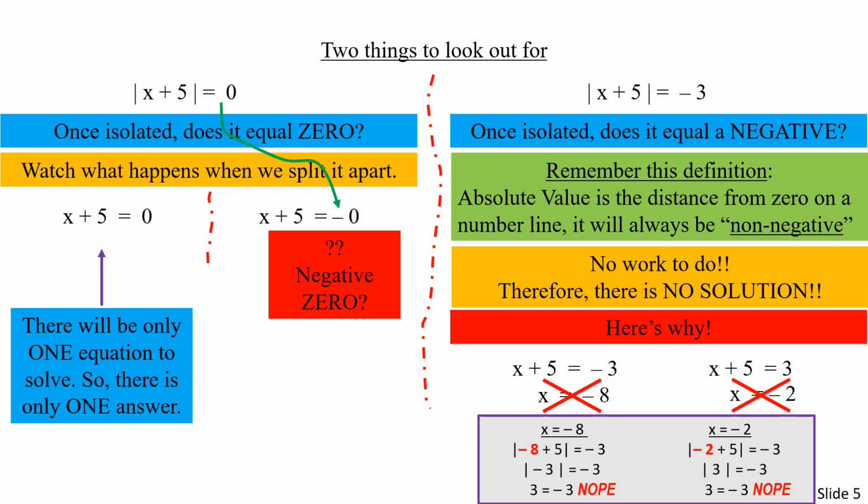But if you don't check it or don't realize that the absolute value can't be equal to a negative, you're going to have the wrong answers because neither one of these answers checked. So even if you forget that the absolute value cannot equal a negative, make sure you check your answers.